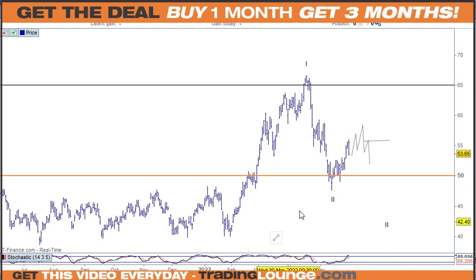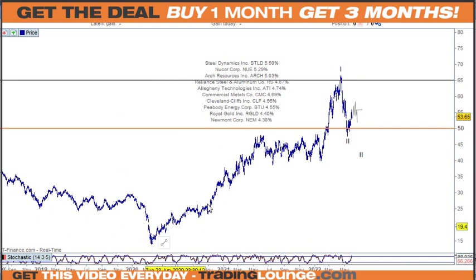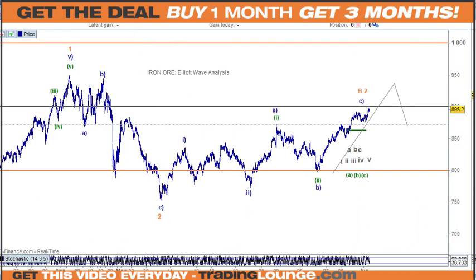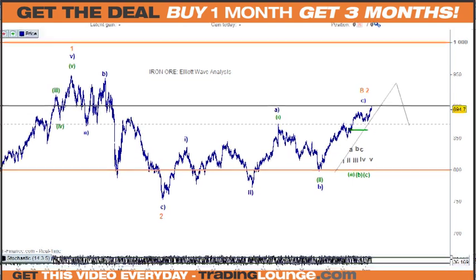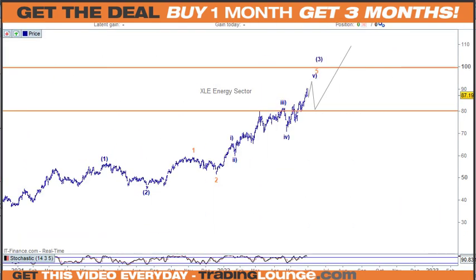But I don't have all that set up just yet, but because we've got 5 waves here, we'll have a correction and then we're going up further at that point. So that's the mining side of things. So looking quite good here for iron ore and the energy sector.